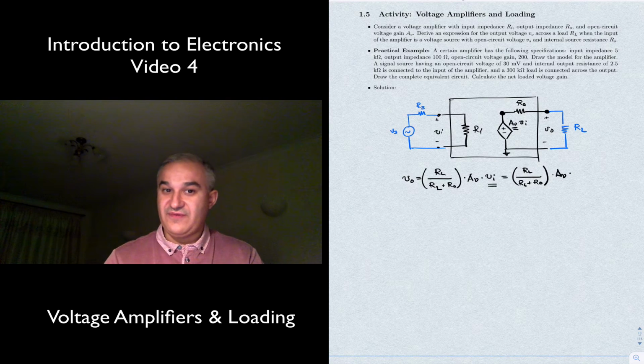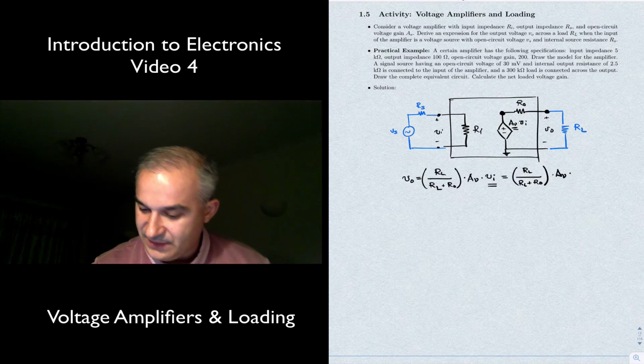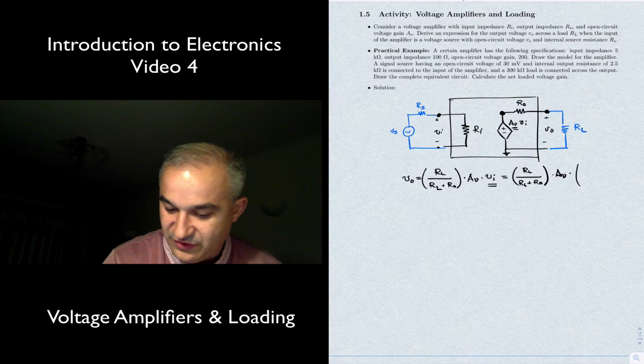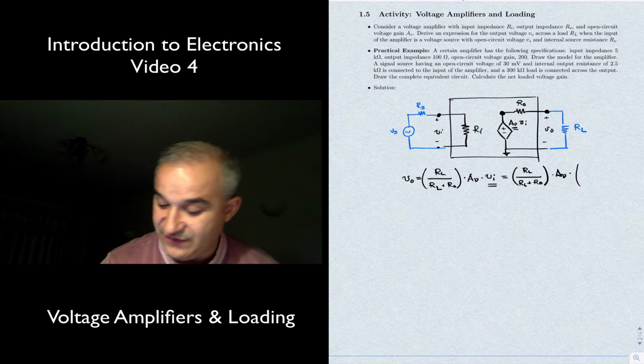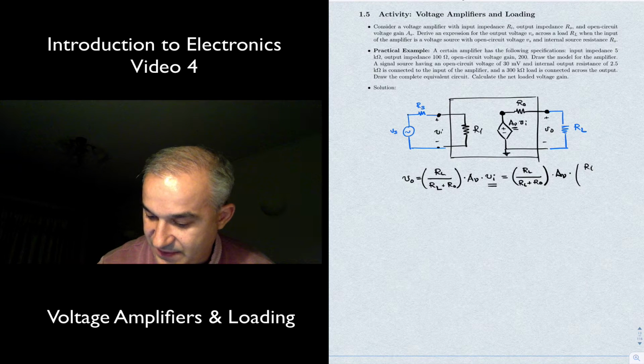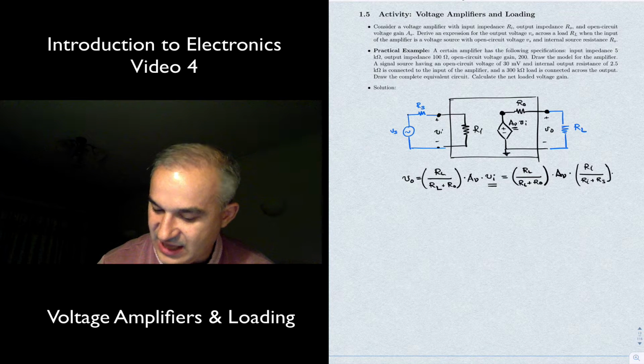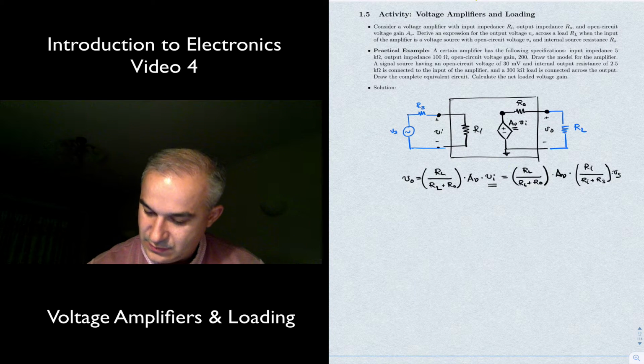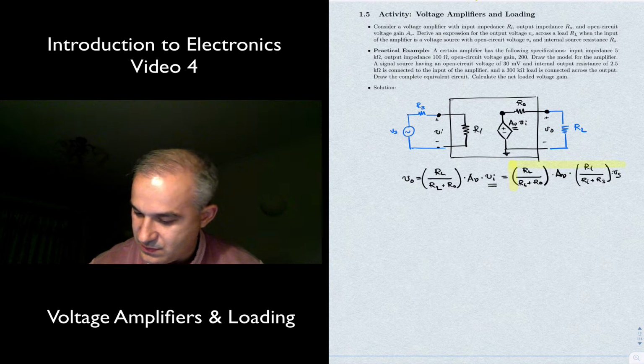If in our amplifier we are drawing some current. So what is the voltage here? If we know the voltage there, well, it's a voltage divider again. Ri plus Rs times Vs. So we got our expression for the output voltage as a function of the input voltage.